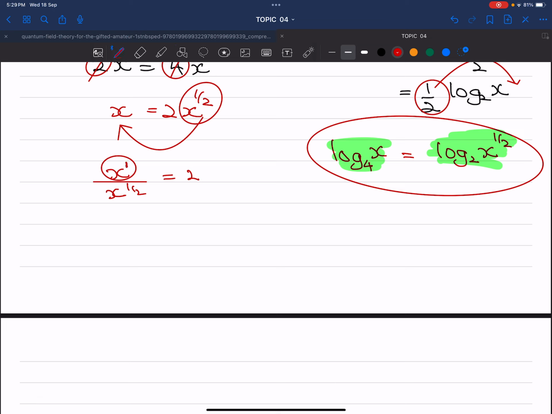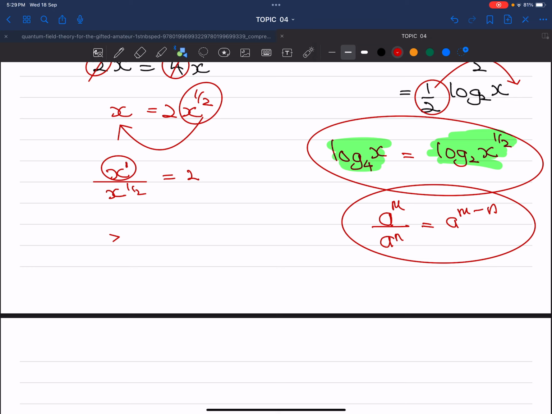And if you remember the formula from indices, a power m divided by a power n is a power m minus n. You can also cancel, or you can use this formula. So this is x power 1 minus half. I'm using this formula here.